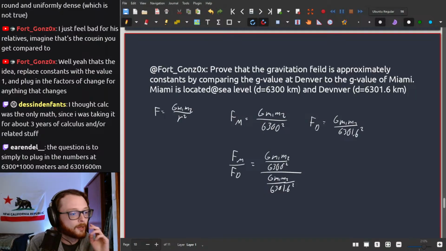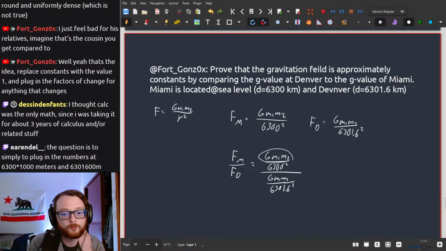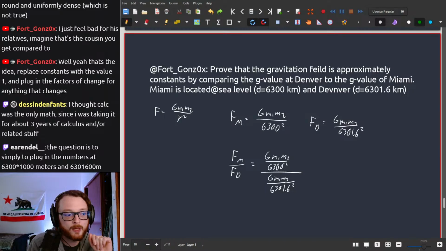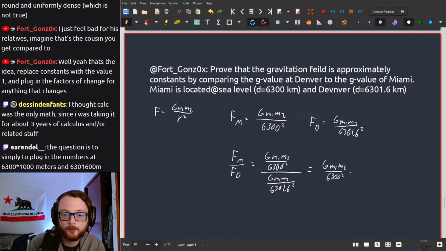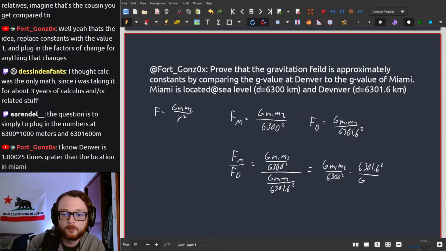6301.6 squared. You could just have set these constants to 1 right off the bat, if you prefer to do it that way. I'm doing it this way just because they're about to become 1 anyway, so I'll write out all the steps here. Division by a fraction means multiplying by the reciprocal. And now the great thing that happens is these G, M1, M2s cancel.